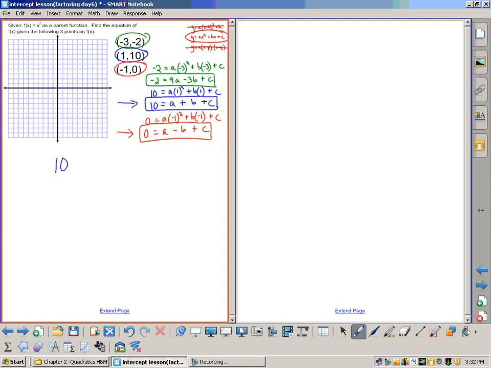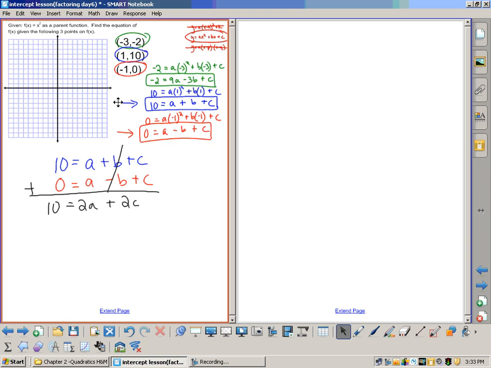So I'm going to take 10 equal to a plus b plus c. And when we're doing elimination, we always add. And I'll have my red equation here as 0 equals a minus b plus c. Alright, so that all equals, my b's are going to cancel, so I'm going to get 10 equals 2a plus 2c.